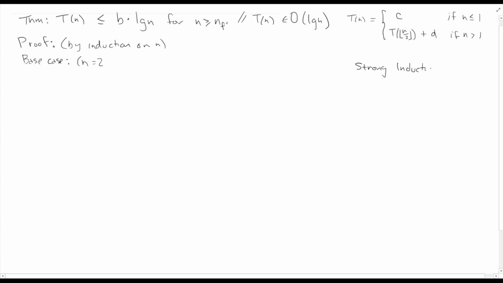Now, last video, we introduced the notion of strong induction. In strong induction, we use a deductive proof where we assume all prior cases hold instead of just the immediately prior. By immediately prior, I mean, if we're trying to prove position n, then the immediately prior case would be the n-1 case.